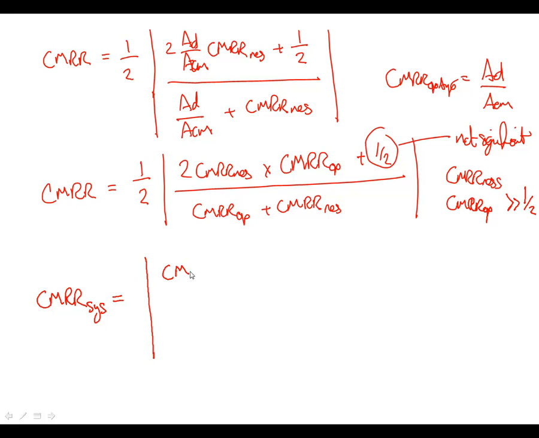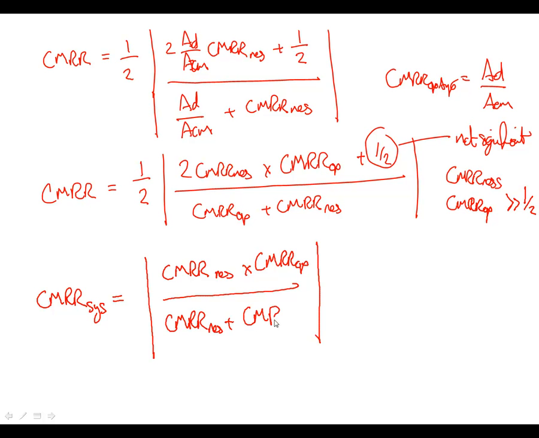It's going to be equal to common mode rejection ratio of the resistors times the common mode rejection ratio of the op-amp, all divided by common mode rejection ratio of the resistors plus the common mode rejection ratio of the op-amp, which is exactly the same as, or can be approximated to, CMRR resistors in parallel with CMRR of the op-amp. And here we have arrived at quite a fundamental equation.